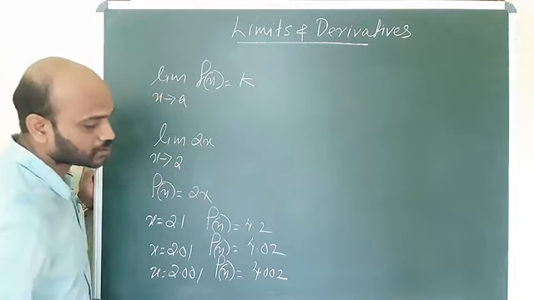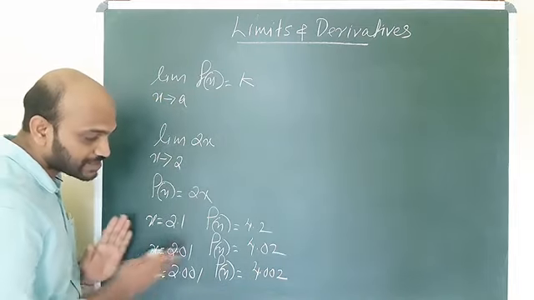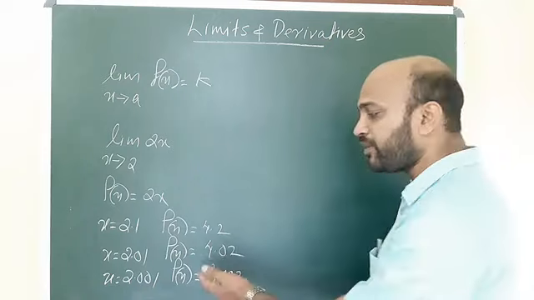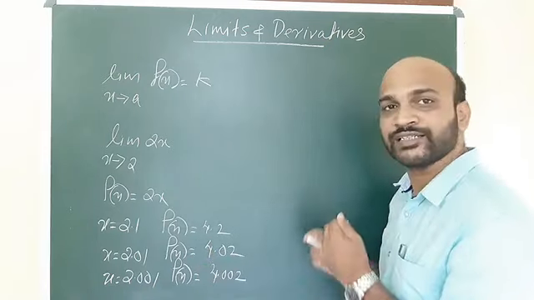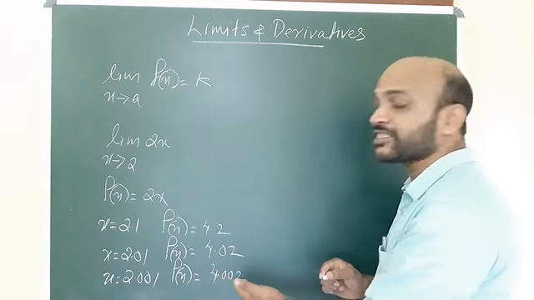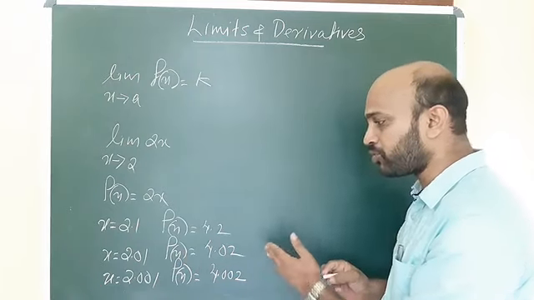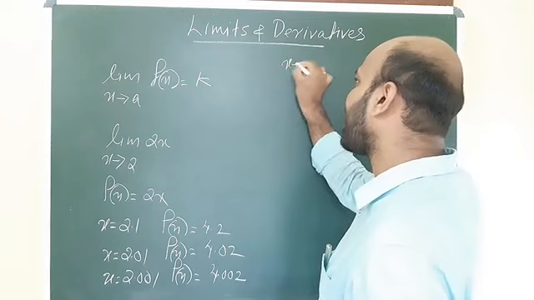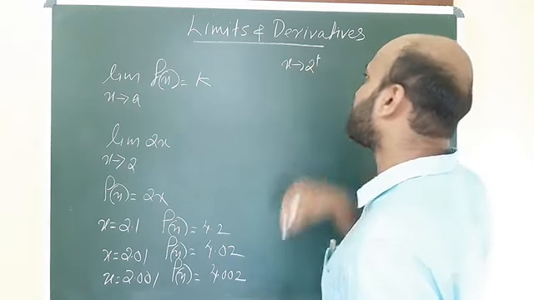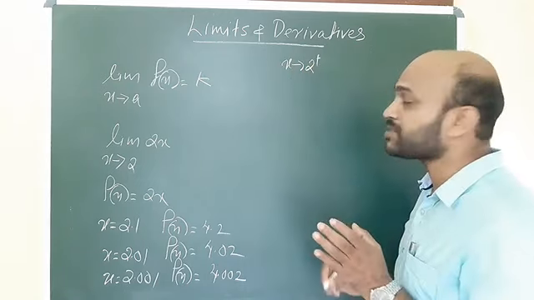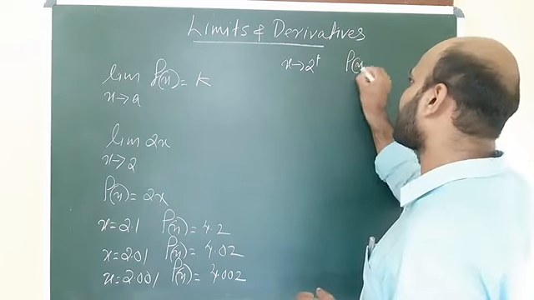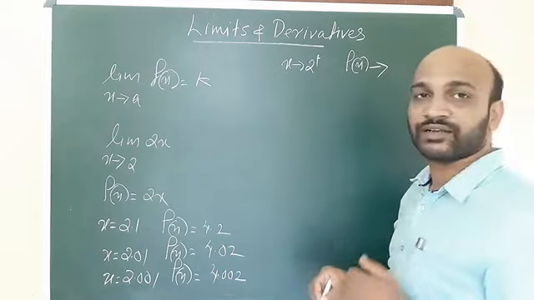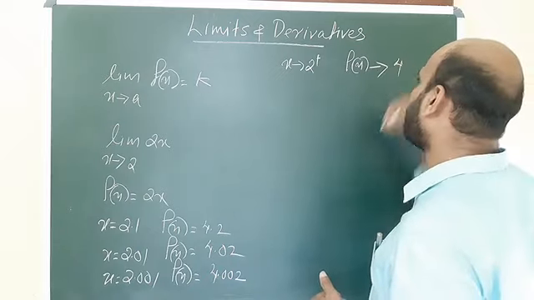So what can you conclude from this observation? Here we can conclude that when x takes values very near to 2 from the right hand side of 2, f of x takes values very near to 4. That is, as x tends to 2 plus. 2 plus means x is near to 2, but it is more than 2. f of x converges to 4.